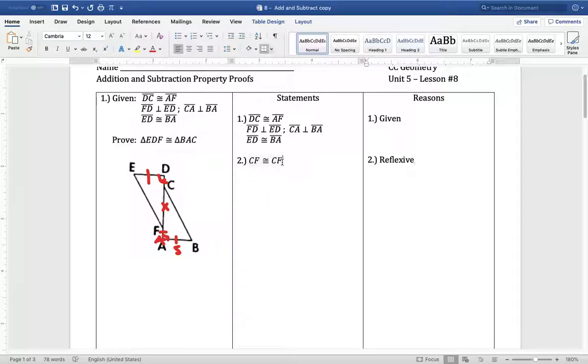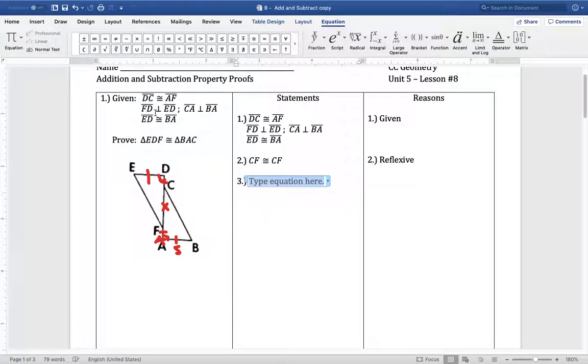So that's reflexive. And then what we have in step 3 is that, and here's how we'll write this one up, these two pieces, DC and AF, we're going to make them part of an equation. I know usually we don't see equations in proofs, but we're going to say DC plus CF, which is the reflexive piece, is equal to, because we're adding parts together, AF plus CF.